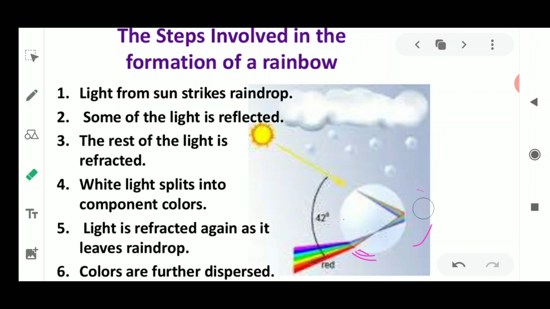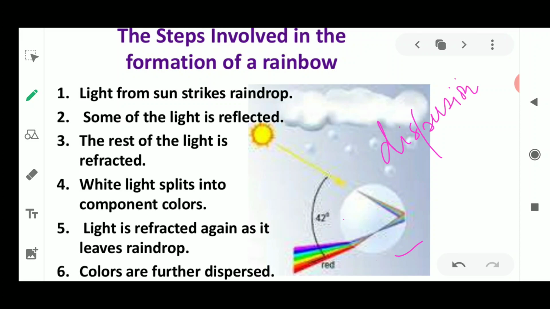These colors are further dispersed because there is not only one single droplet at the same point. The number of droplets would be large, and inside each and every droplet the same phenomenon is happening. This phenomenon is the phenomenon of dispersion.